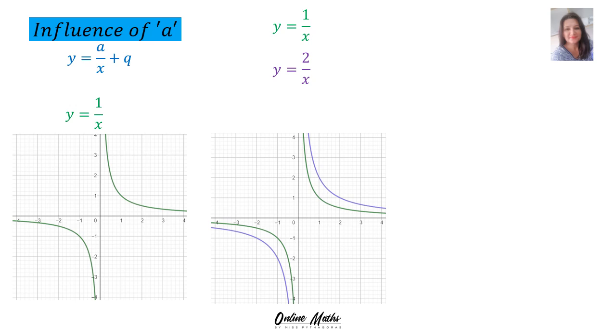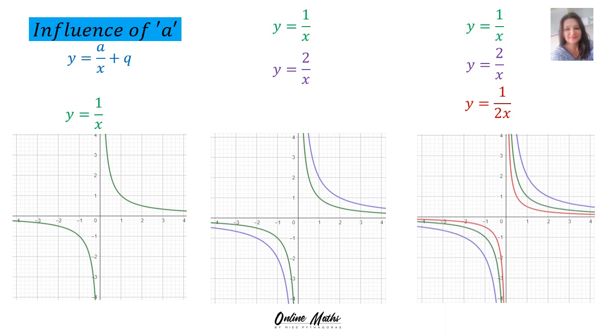The purple graph you can now see is y is 2 over x. Again, my advice to you is to pause the video, make the table with your calculator and sketch it yourself. And then lastly, let's look at y is a half over x, and then we end with that. Can you see?